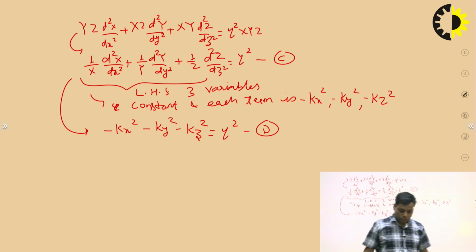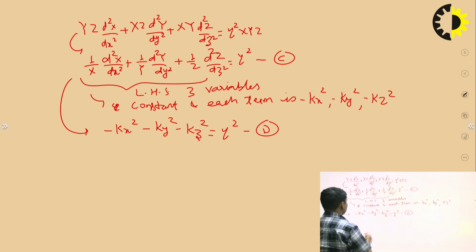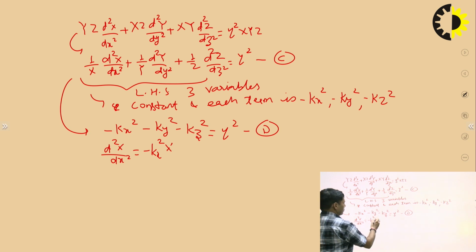So the general solution of each differential equation we can now write like this. For the first one, d square x upon dx square is equal to minus k x square into x.